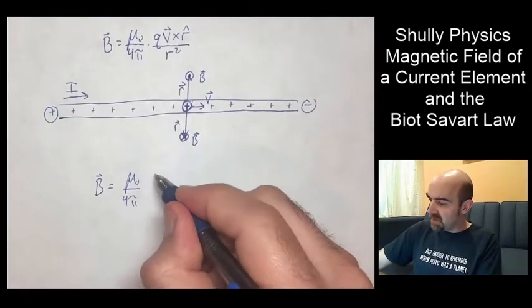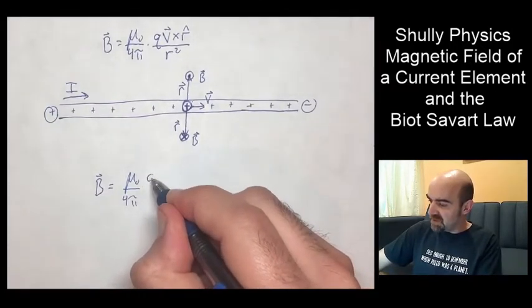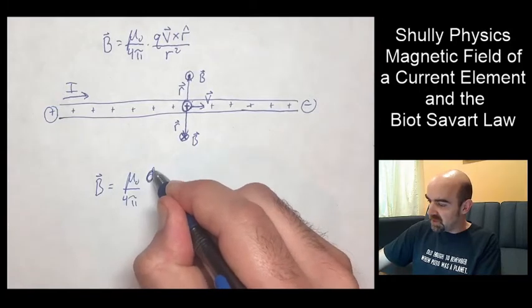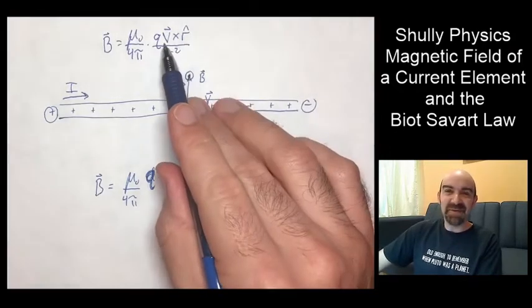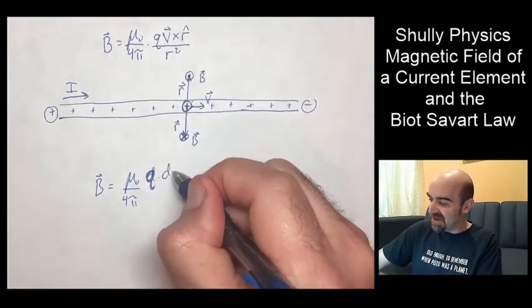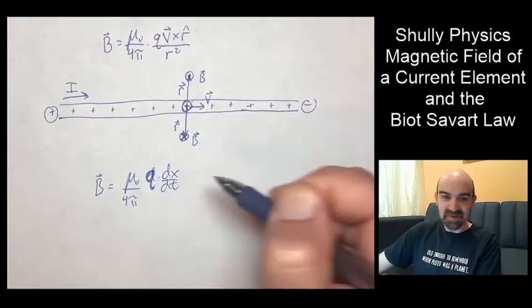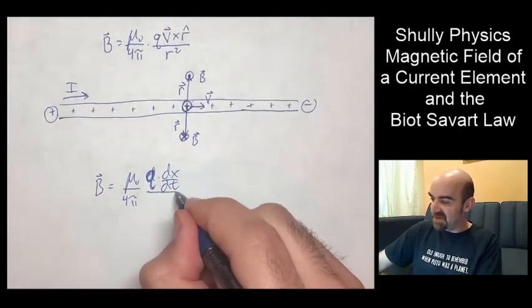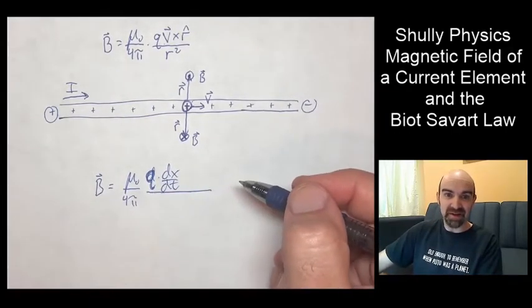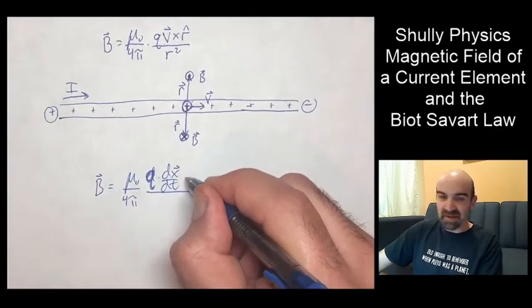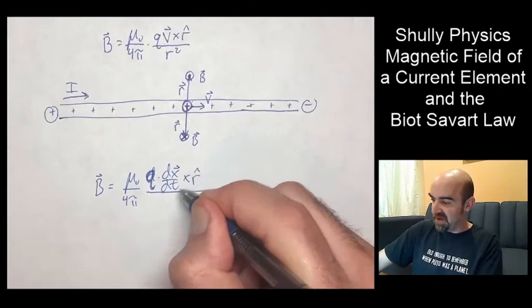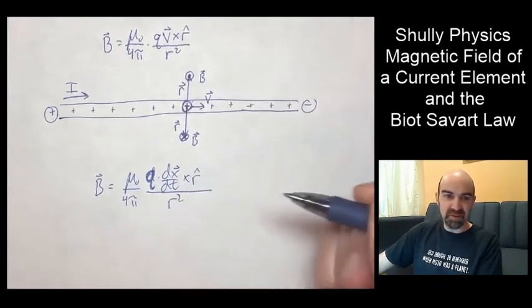Then we might instead write this as a Q times, and velocity is a dx dt. All right, now this is just kind of rough looking right now, okay? And keep in mind that that's a vector, and r hat and r squared, so we'll keep all that stuff in there.